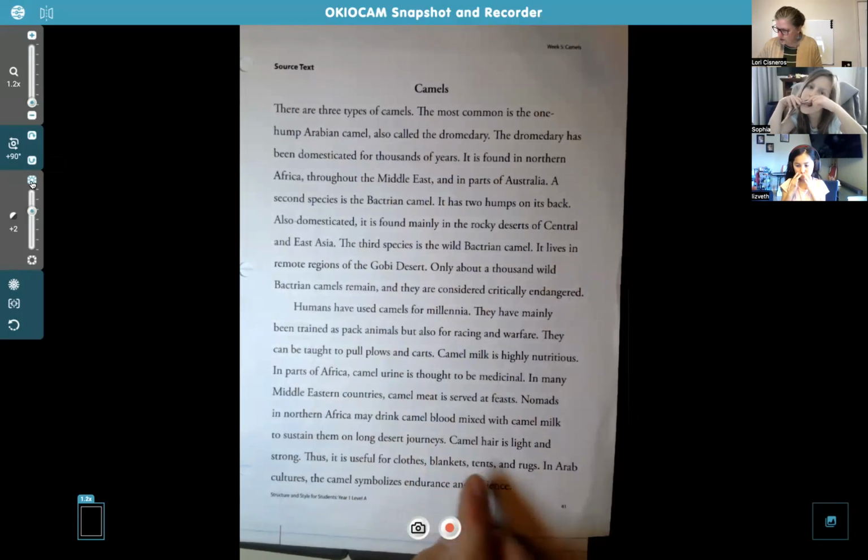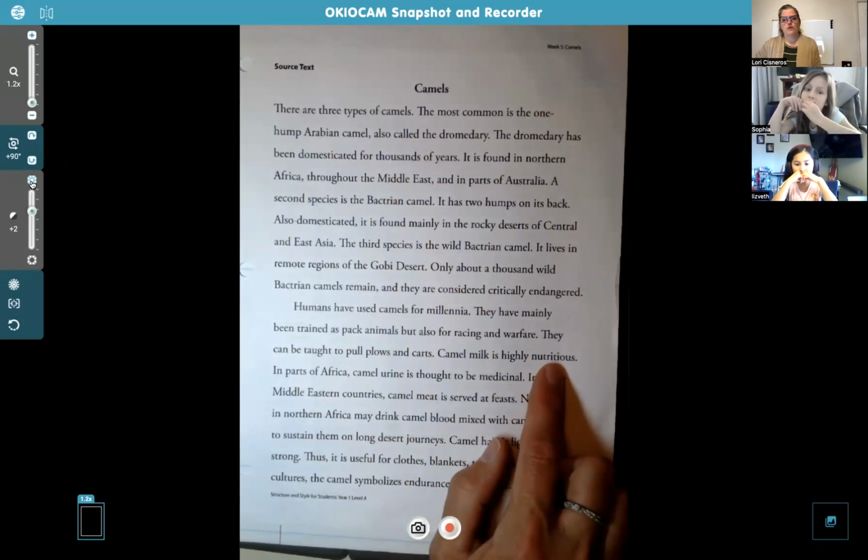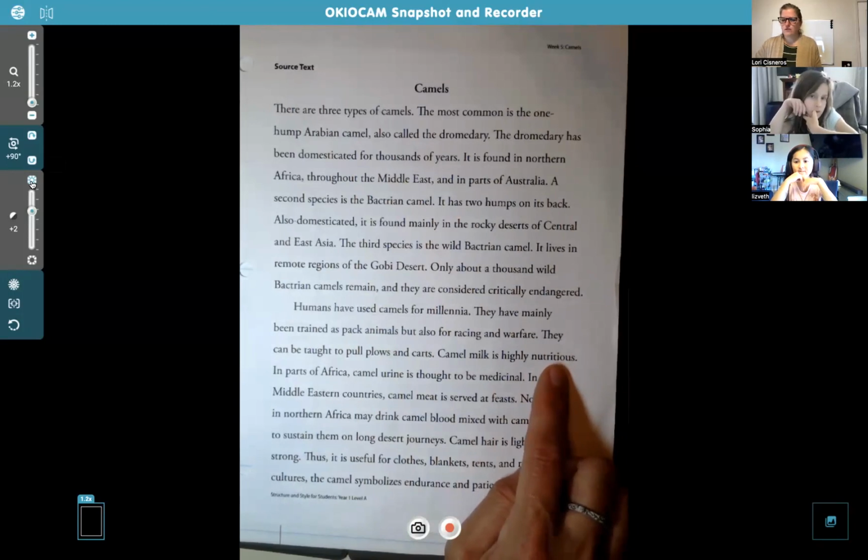And then the word nutritious, I bet you know what nutritious means. Have you heard that word before? No? Okay, so something that's nutritious is good for you, and it's usually food. So something nutritious could be like an apple, or broccoli or salad, something that's good for your body.